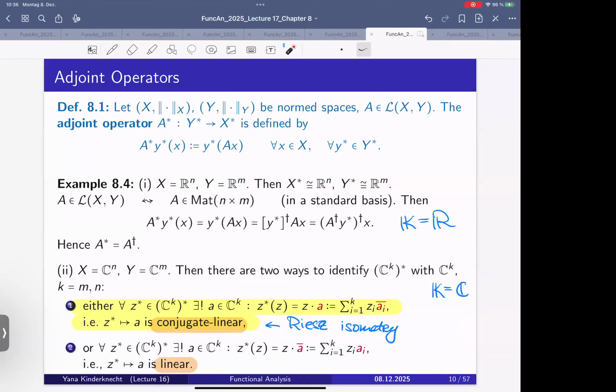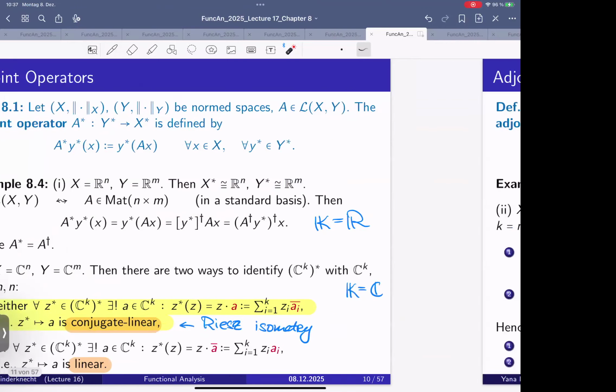Yes. Perfect. And depending on the choice of this identification, of course, in both situations for X and Y the same type of identification, then, depending on that, we find A star. We find it exactly in a similar way as here. That is, each linear operator between X and Y is given by a matrix in a standard basis, and then we make similar calculations and we obtain the following.